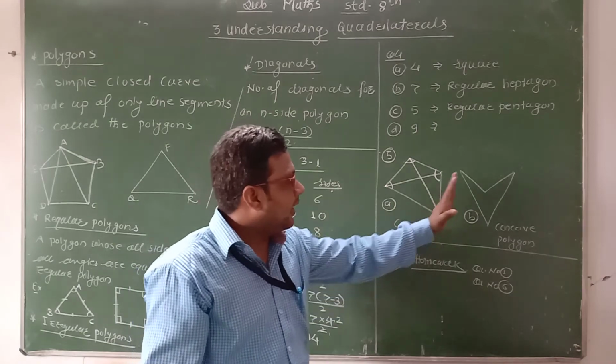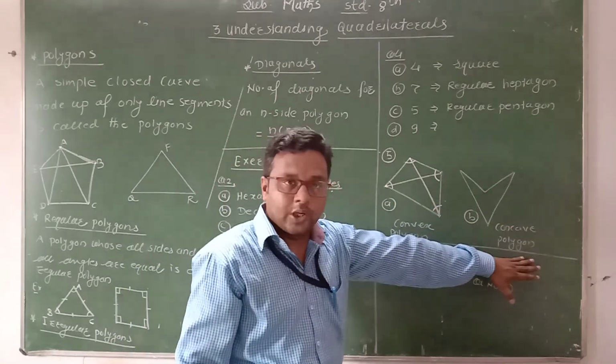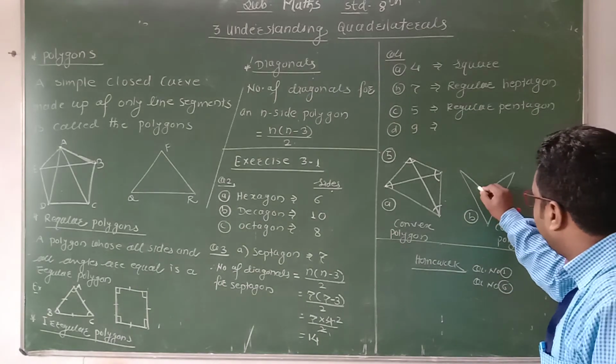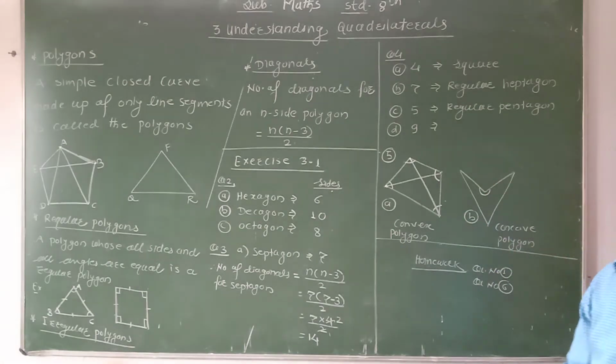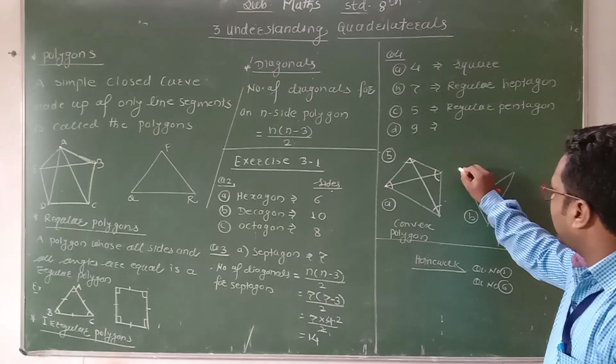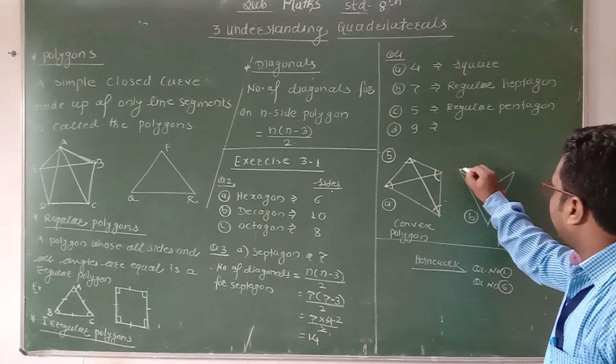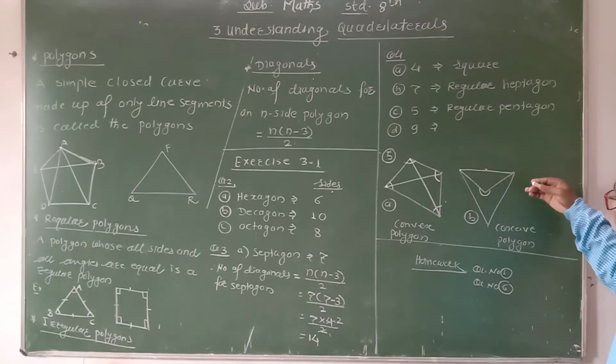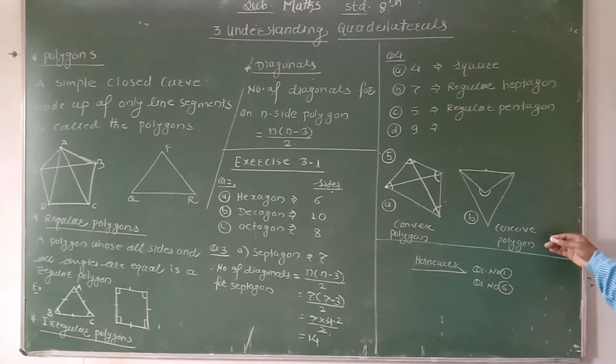Okay, and the remaining are concave polygons. Now see example B. In that, the interior angle, this angle, is greater than 180 degrees. If we join these two vertices of the polygon, this line is outside the polygon, then this polygon is called a concave polygon.